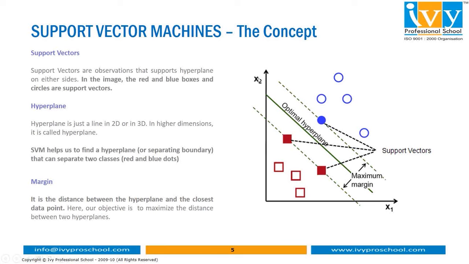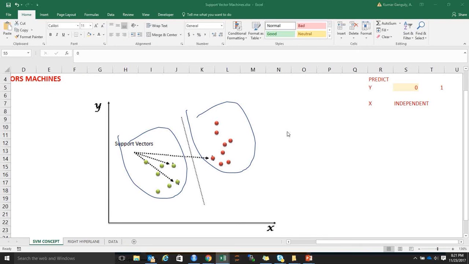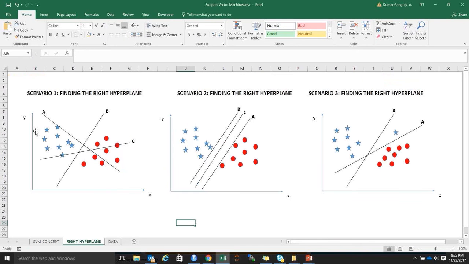So if I get back to a few examples of it, let's say I have this y here and this x here. I have included three kinds of hyperplanes for you: there is one A, a B, and a C. Now, can you pinpoint from this picture which would be the right hyperplane in terms of segregating the two outcomes of y, which are let's say the star and the red?